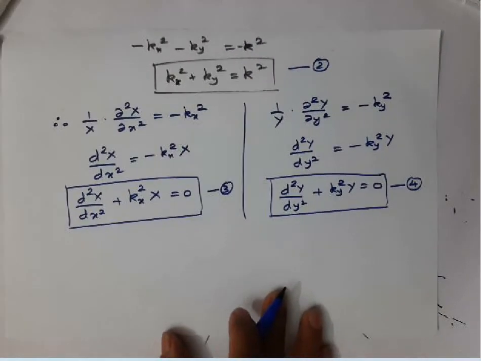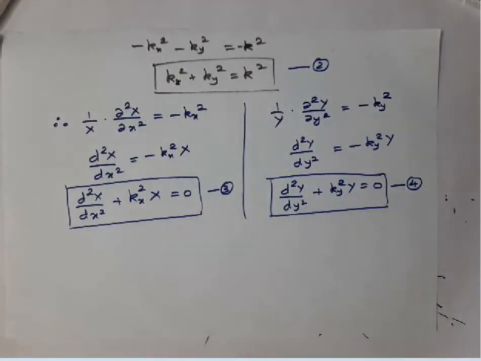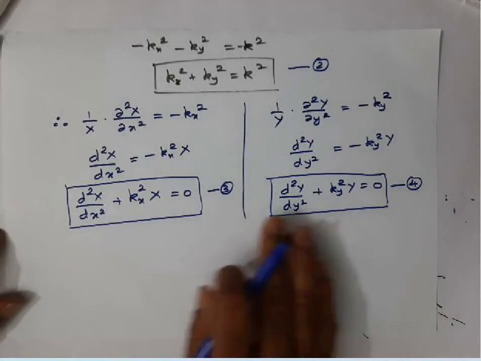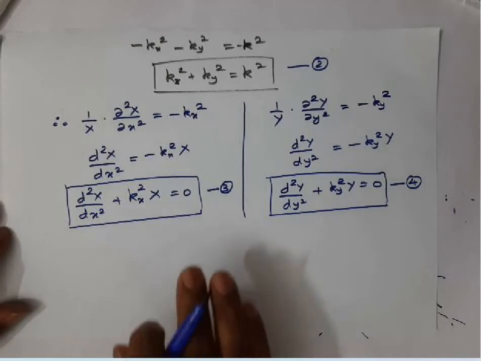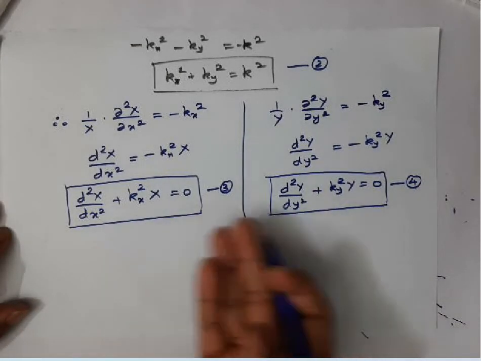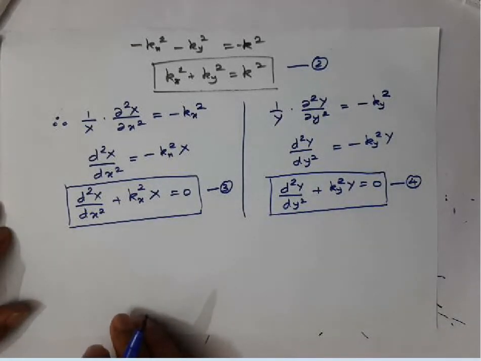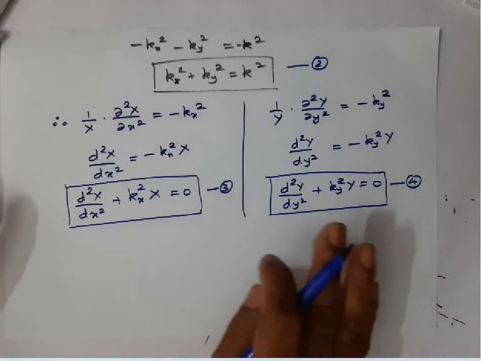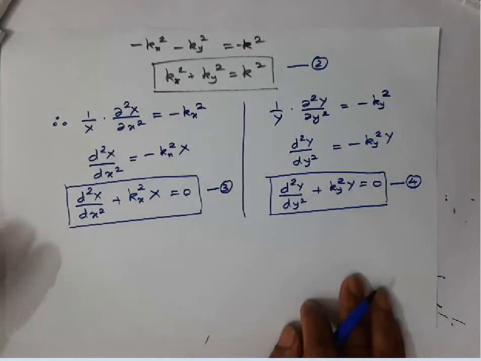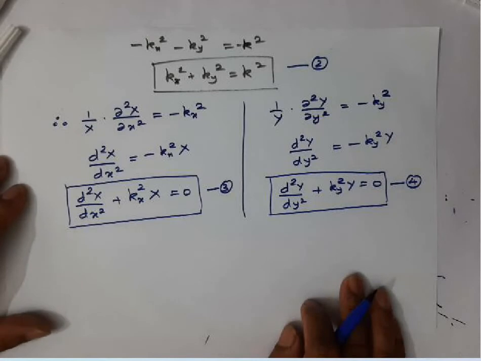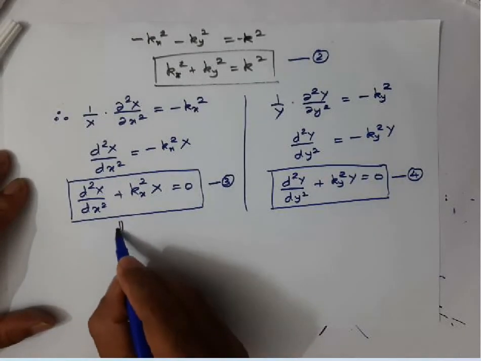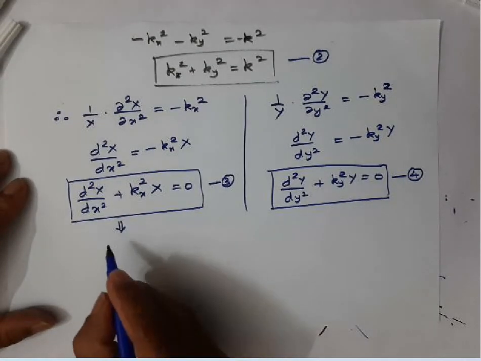Now if you observe equations 3 and 4 carefully, this equation is very familiar for us. Why? This is nothing but the particle in 1D box equation. These two equations are exactly similar to the particle in 1D box. So by applying the boundary conditions, what is the boundary condition?